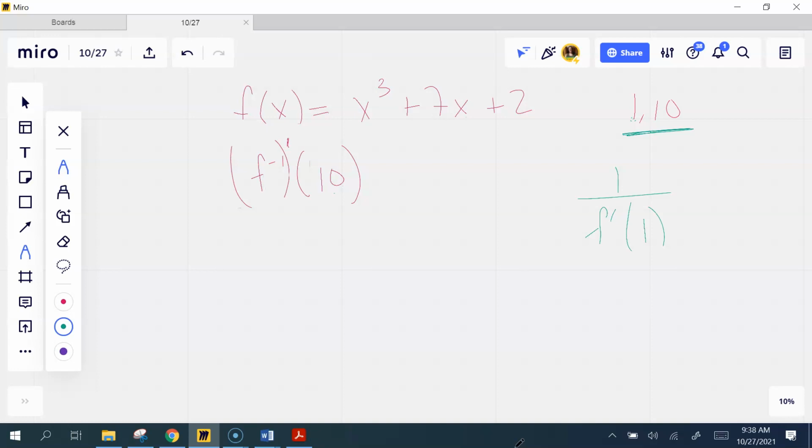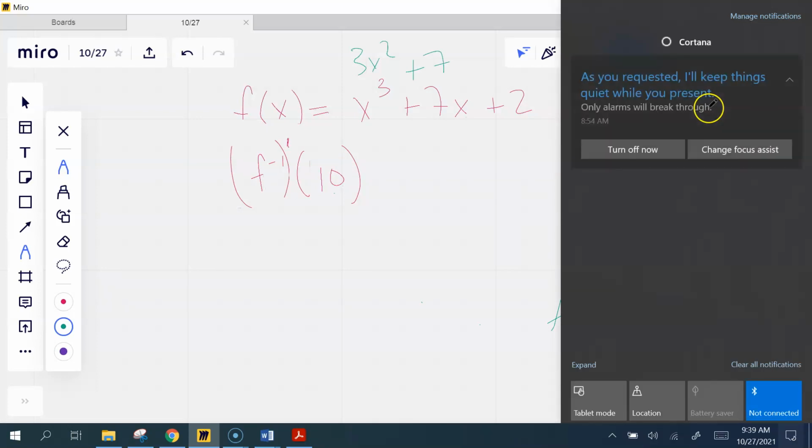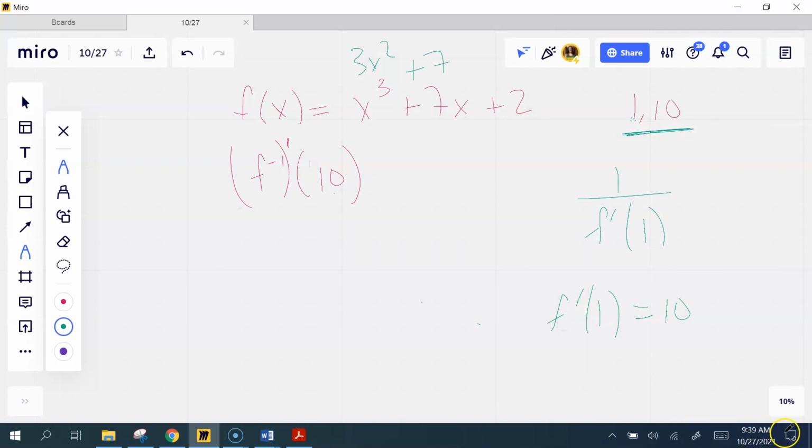So the derivative would be 3x squared plus 7, right? If I plug in 1 there, f prime of 1 would be 10. But you're going to flip it. Slope equals 10 at 1, 10. So at this point, the slope is 10.